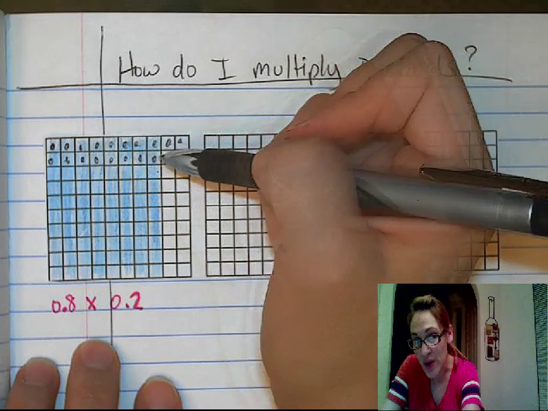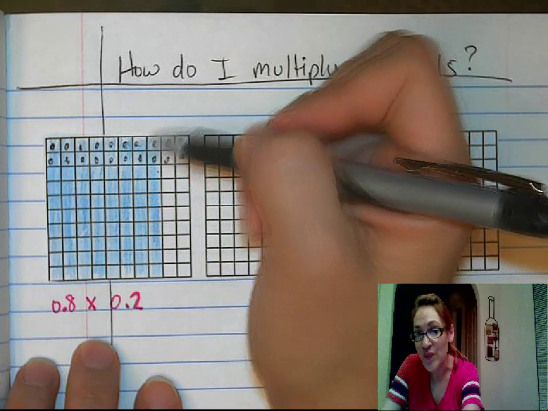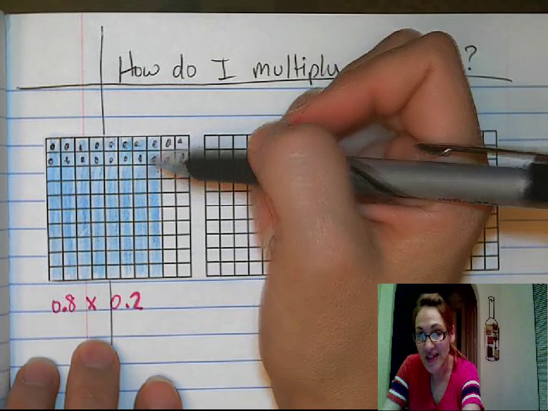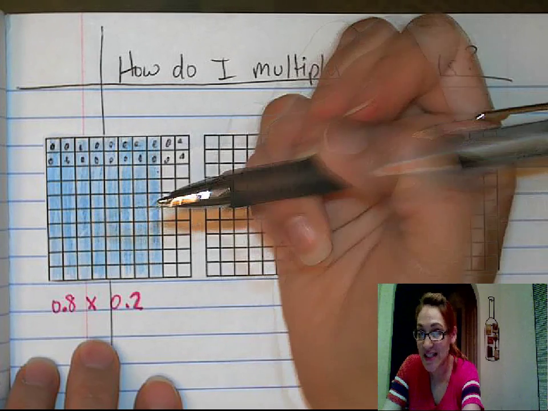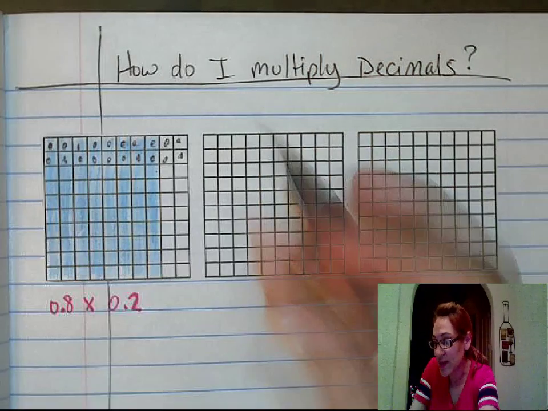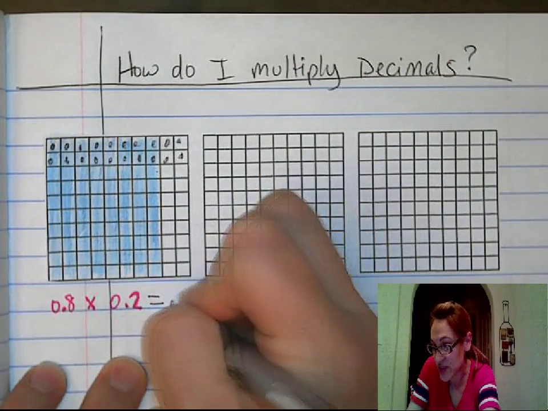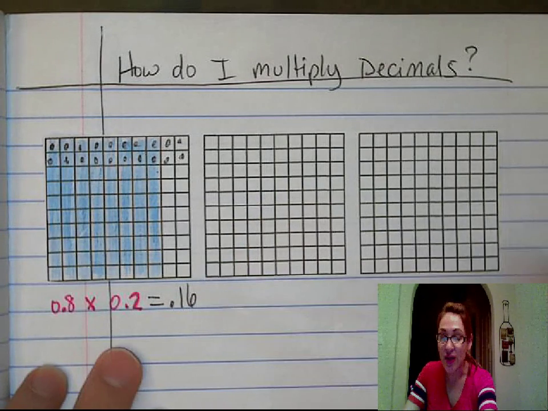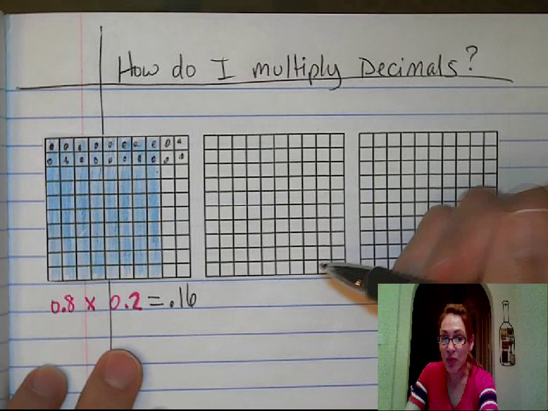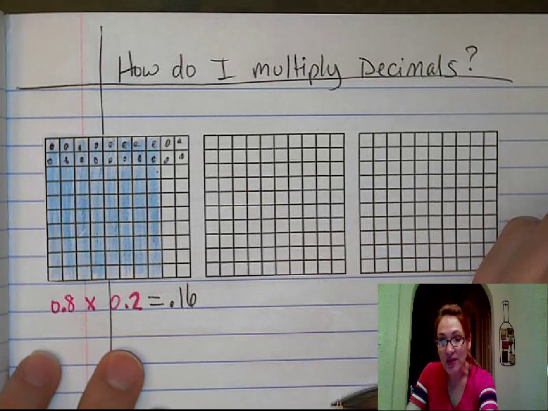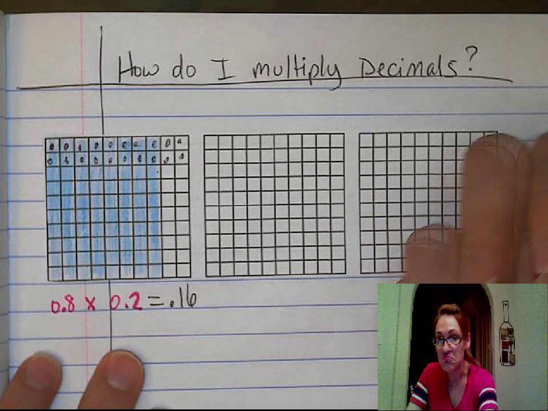So there's 16 squares where the two are overlapping. 16 out of 100, that's 16 hundredths. So you're going to write that as your answer, 16 hundredths. And we just used a hundreds grid to model how to solve 8/10 times 2/10. So we didn't even multiply.